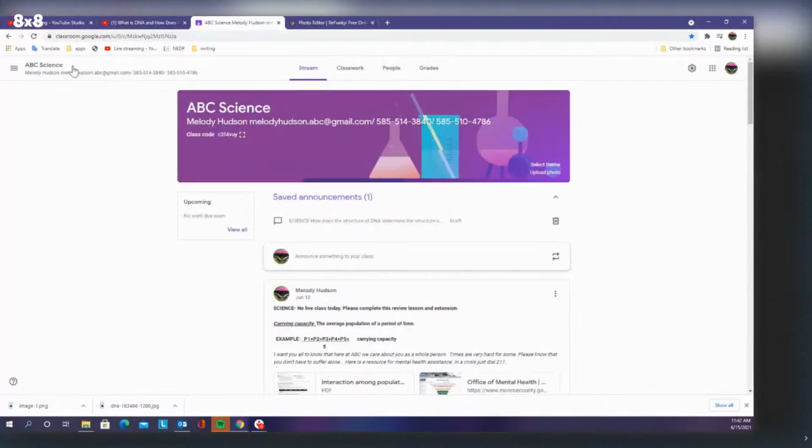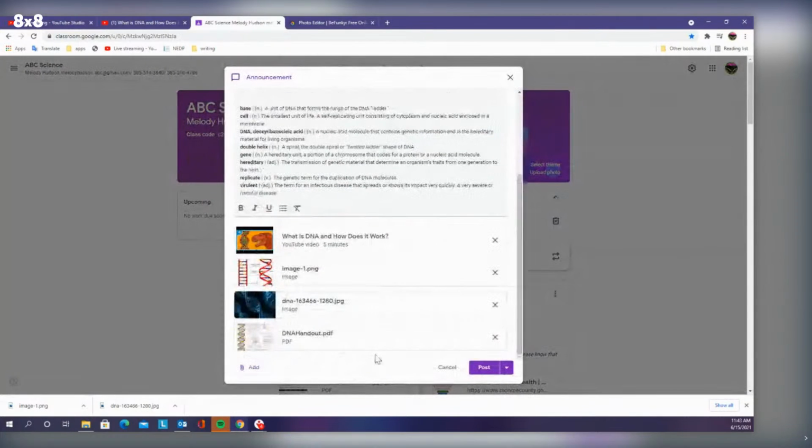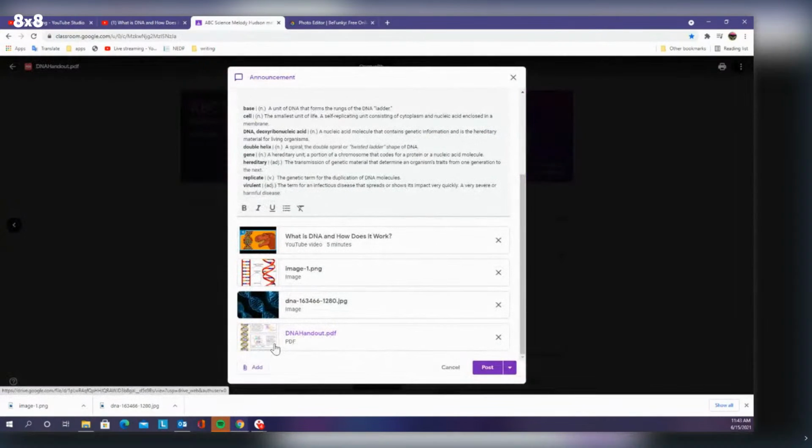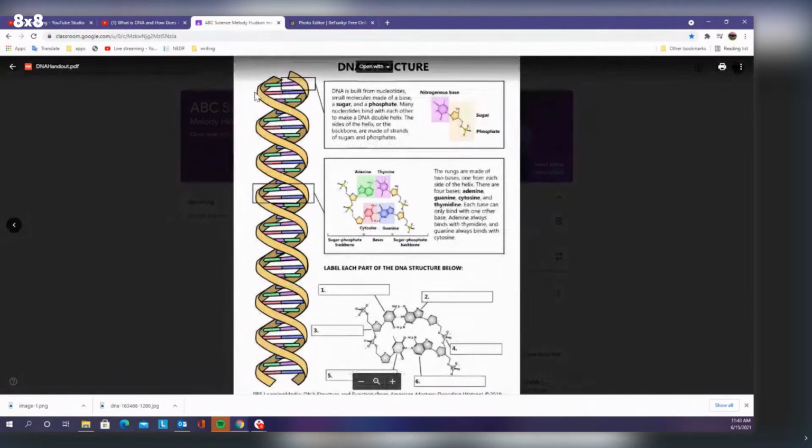And so now, finally, let's take a look at this handout, which is very helpful, which puts it all together. Okay, so look, DNA, can I make it a little bigger? Is built from nucleotides, which have a nitrogen base, okay, a sugar, and a phosphate.